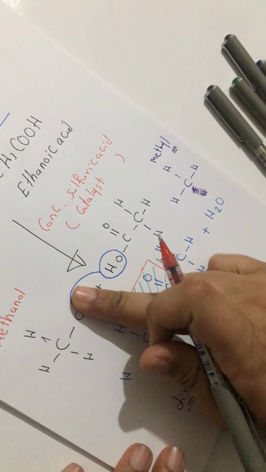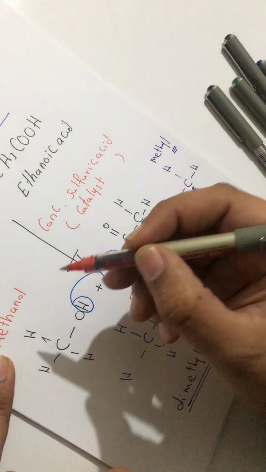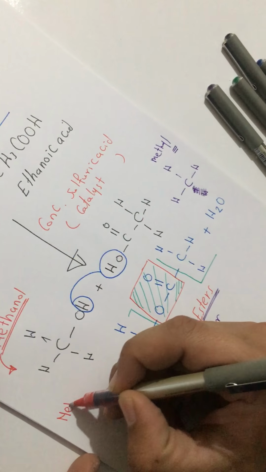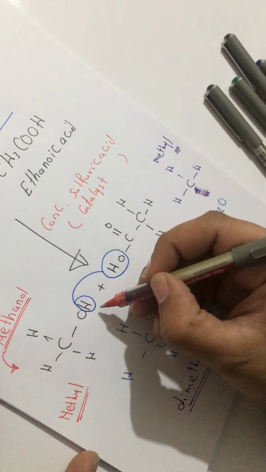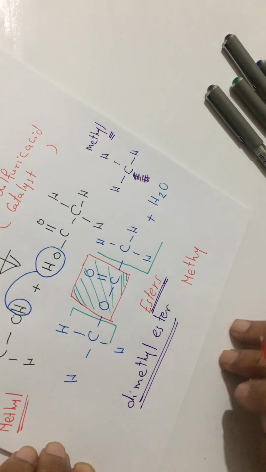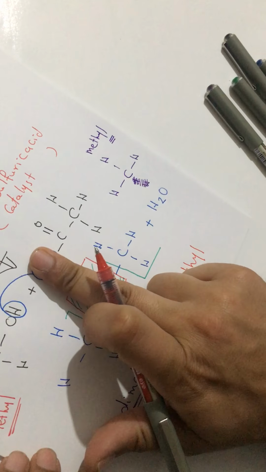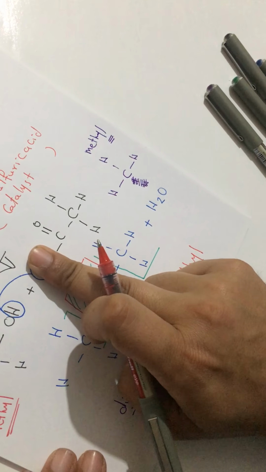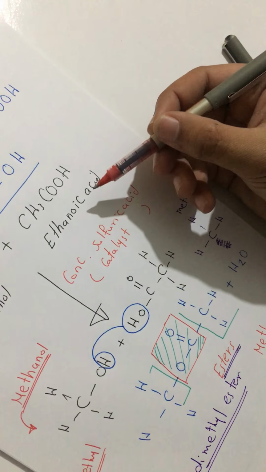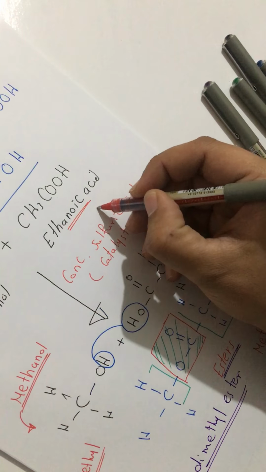If you remove this hydrogen, it turns to be methyl. So we name this methyl after removing the H. And by removing OH from the acid, we change the suffix from "-anoic", like in this case ethanoic, to "-anoate".